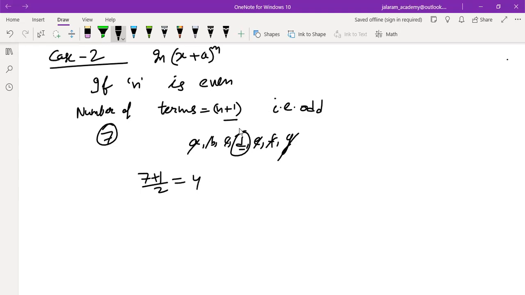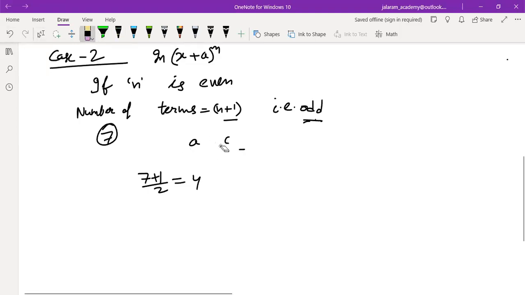So if n plus 1 is odd, we will add one more to this odd number, so it becomes n plus 2. Then we divide it by 2 to get the middlemost term. Is that clear to you? Yes, sir.